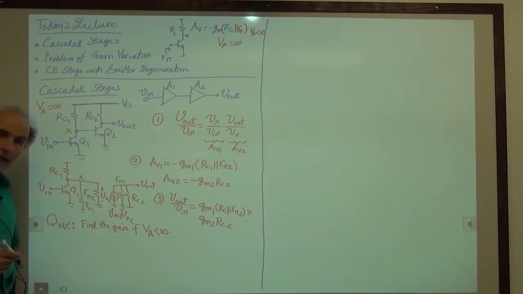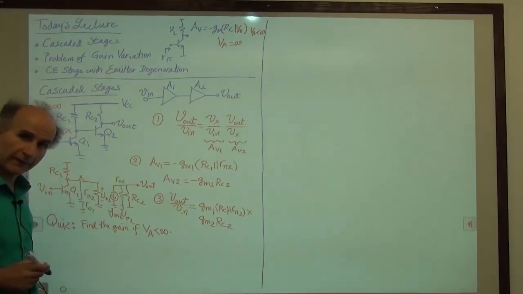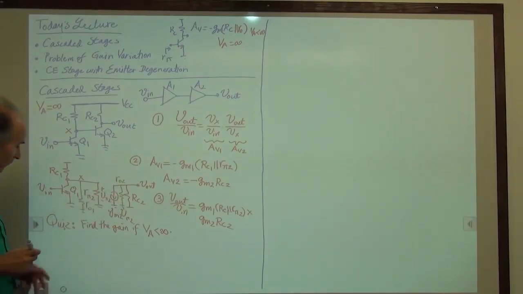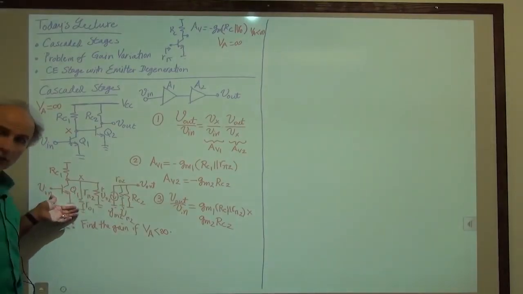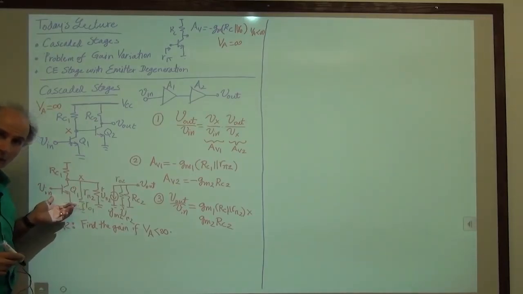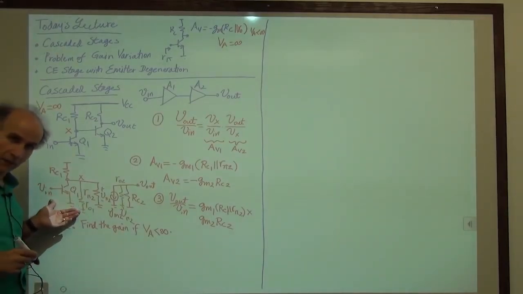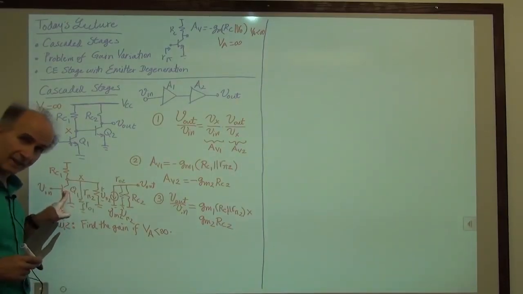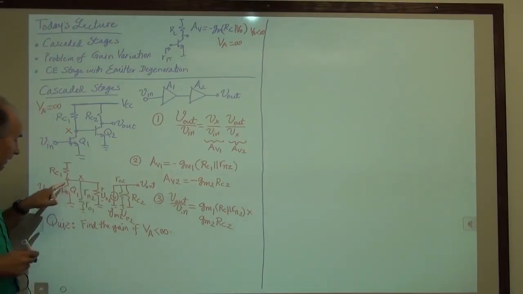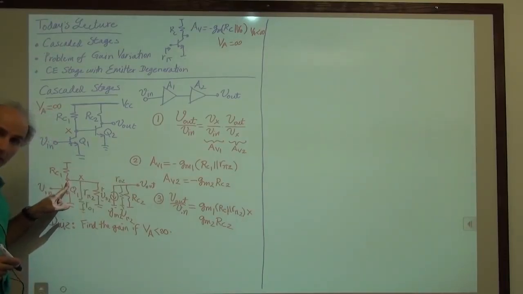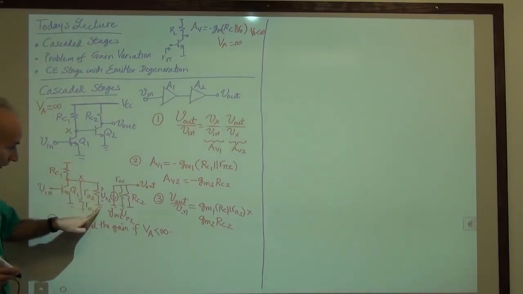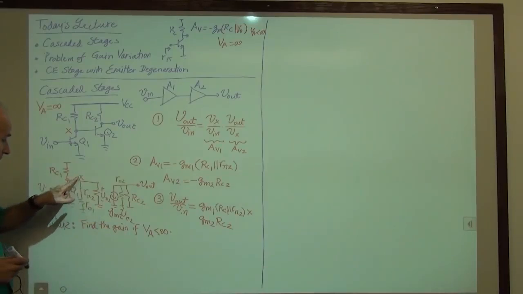Okay, so let's see how our equations have to be revised now that these ROs are included. For the first stage, we use our general mantra. We said the voltage gain of a common emitter stage is equal to minus GM of the amplifying device times the total resistance tied between the collector and AC ground. Now we have RC1 in parallel with RPi2 in parallel with RO1.